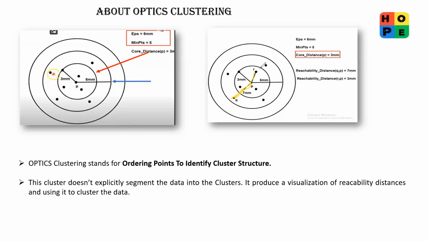However, I can clearly say that this is my core distance point or circle, and whatever we are seeing beyond this core circle, although it has two circles, the second one has some data points which is not a core distance circle as such. It is just a visualization of reachability distance, and thereby we can implicitly say this itself is a cluster. All right, then we can go to our Python code.